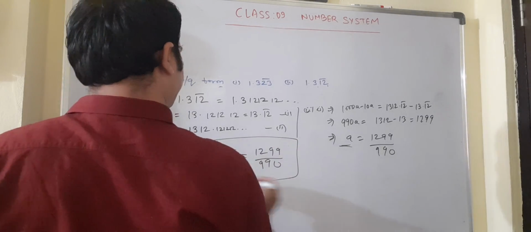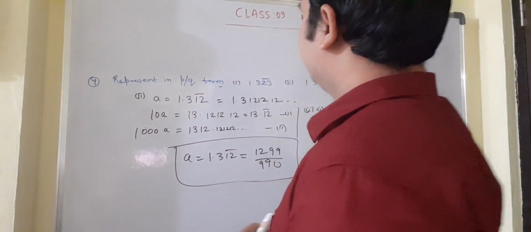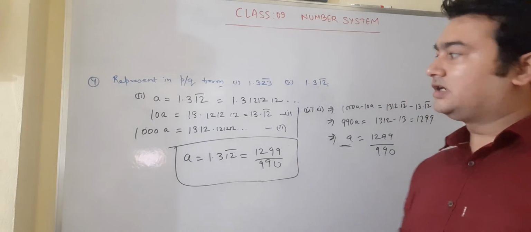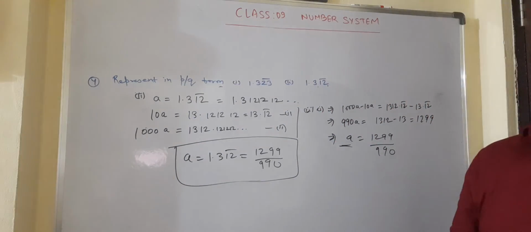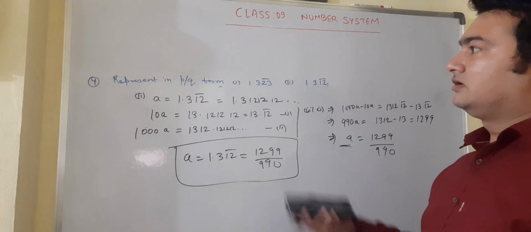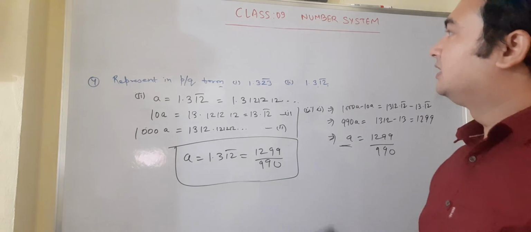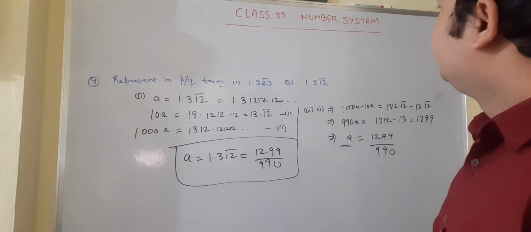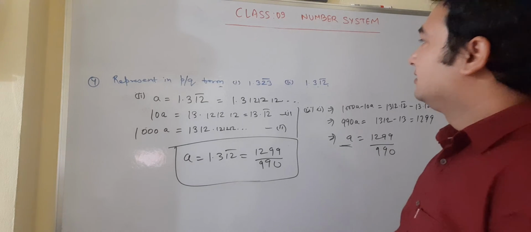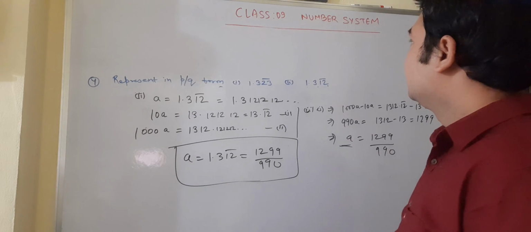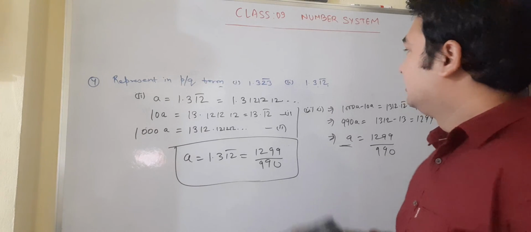That is what the question was asking us, and we have satisfied the question with our answer. This is how these questions are solved. Hope the number system, whatever I have taught you so far, you can easily solve the questions of those exercises till now.